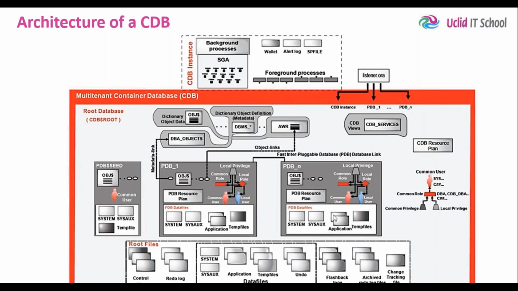For every PDB, a default service is created whose name is the same as the PDB name, and this default service will register with the listener. So clients who want to connect to the PDBs must use these service names in their configuration file, tnsnames.ora. That way, the architecture is a little bit different from the regular architecture.